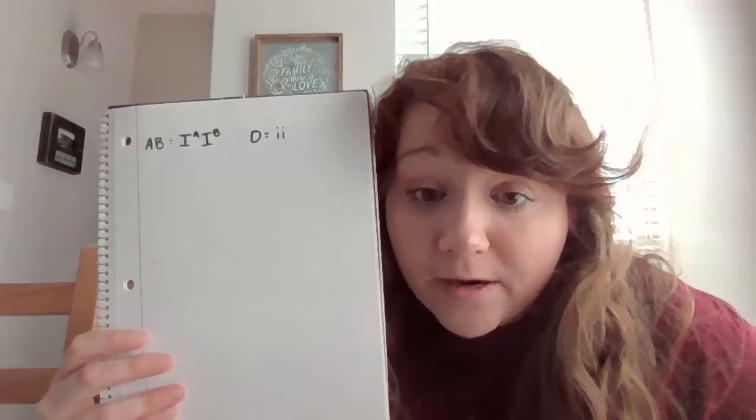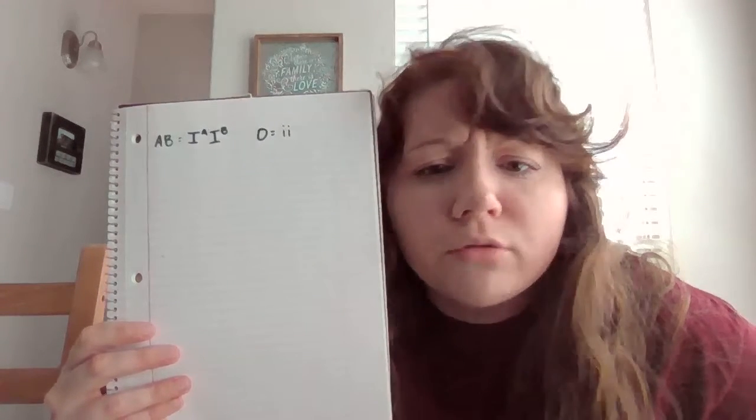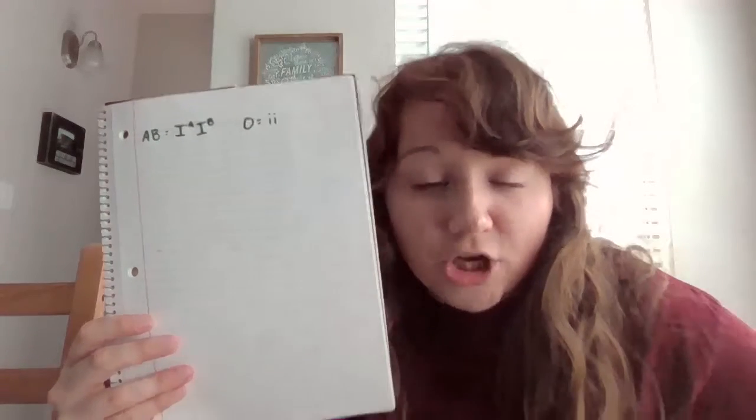So we need to use a Punnett square. It's going to be a dihybrid Punnett square, oh no, it's not, sorry, a monohybrid Punnett square to see if he could be their son.